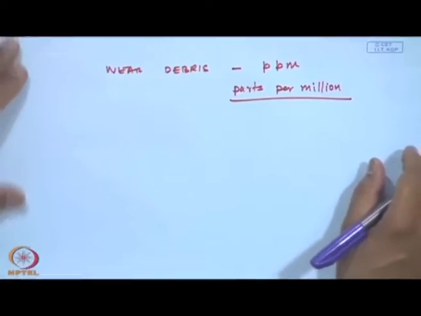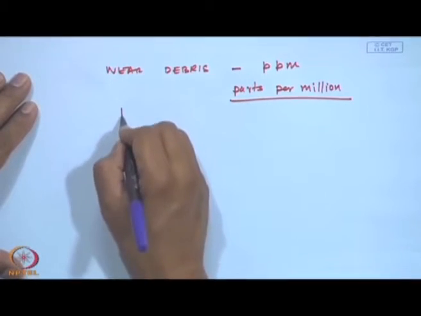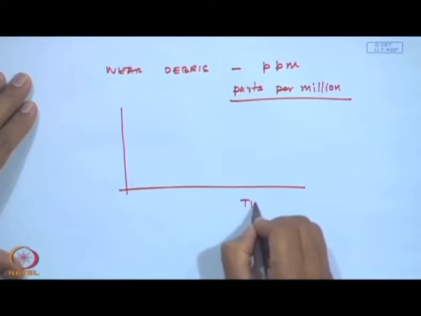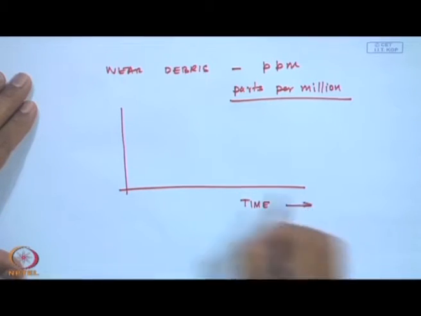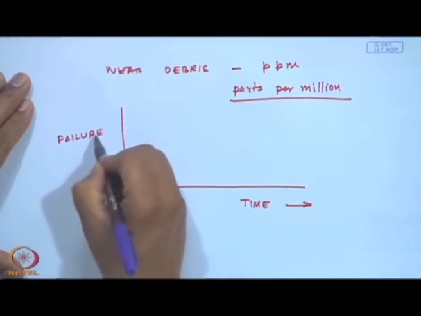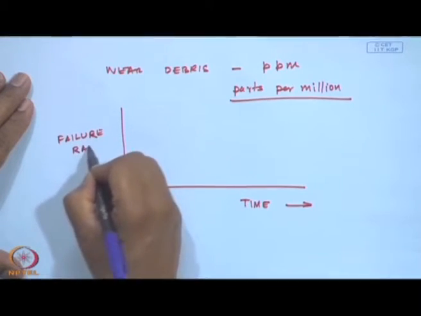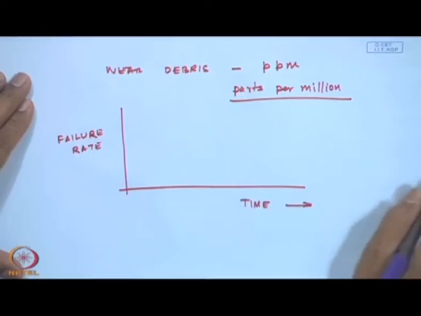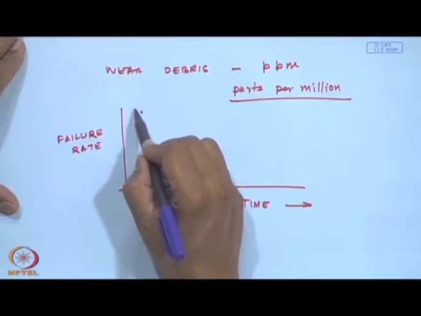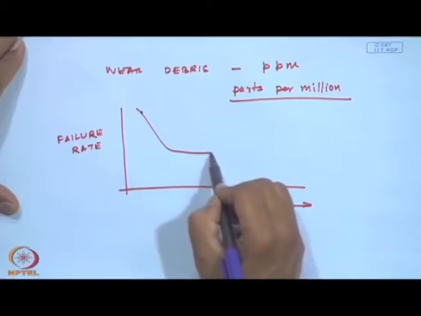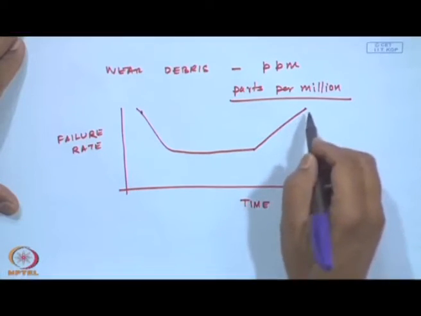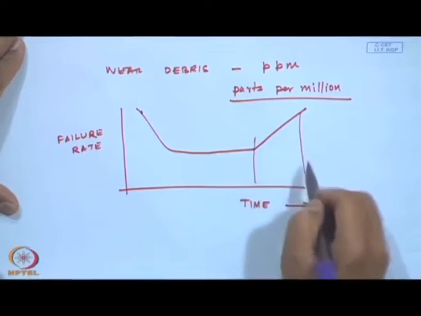And if you go back to the familiar bathtub curve, you have the infant mortality zone, then the uniform failure rate, and then towards this end you have the wear out zone.